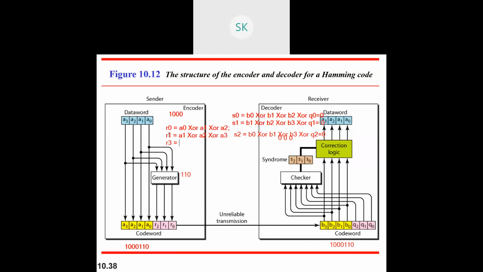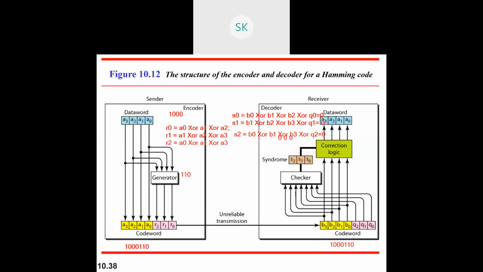R2 is A naught XOR A1 XOR A3. This is how it will be calculated with respect to R naught, R1, R2. This is not R3.